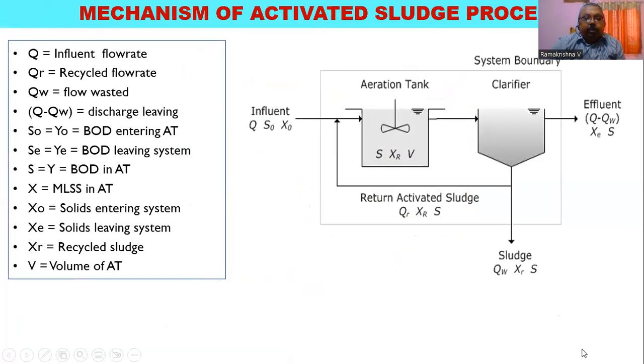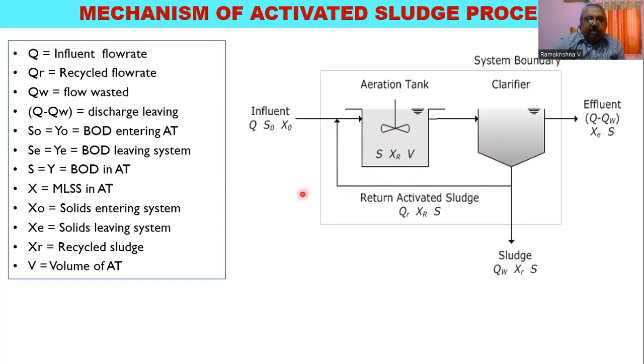Now, this is the activated sludge process, wherein we are discussing why the sludge should be recycled back into the aeration tank to improve the process efficiency and to retain the active life of the biological solids in the system. We are recycling the sludge, and that will improve the process efficiency for the BOD removal in the tank.